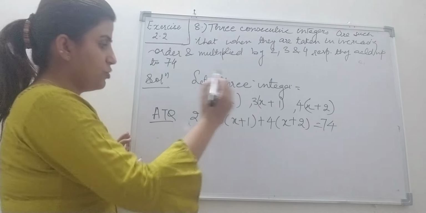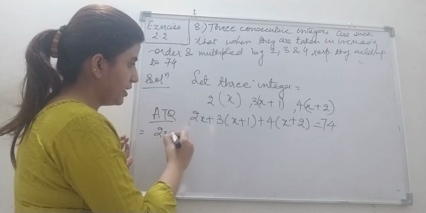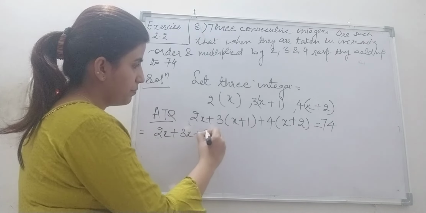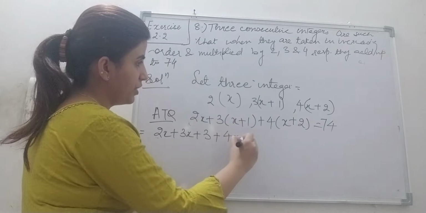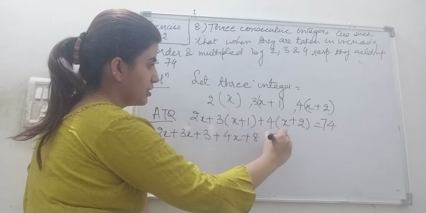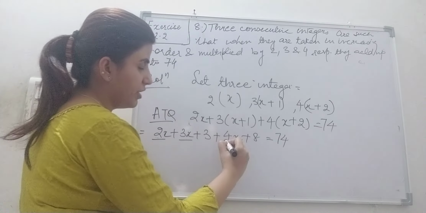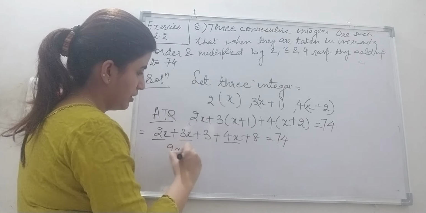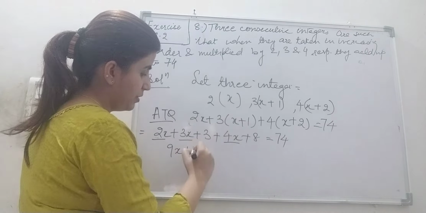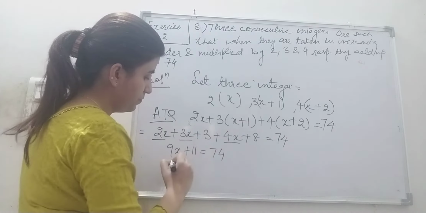Okay. Now let us open the bracket. 2x plus 3x plus 3 plus 4x plus 8 equals 74. 3 plus 8 is 11, 2 plus 3 plus 4 is 9. 9x plus 11 equals 74.